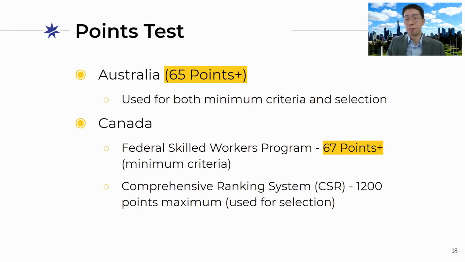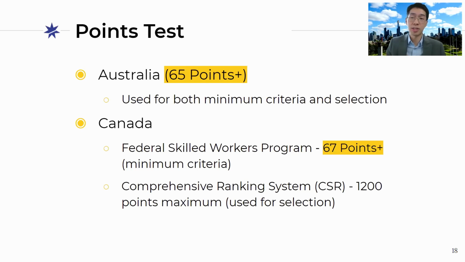Canada uses two different points tests. The first one is called the Federal Skilled Workers Program. Canada has quite a few programs, but realistically, you'd be applying for one of two: the Federal Skilled Workers Program and the Provincial Nomination Program.